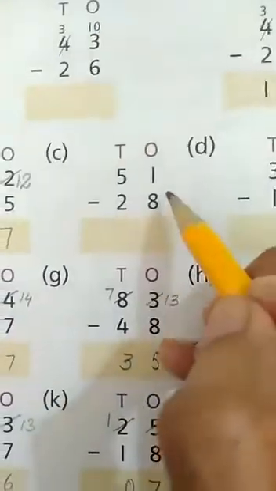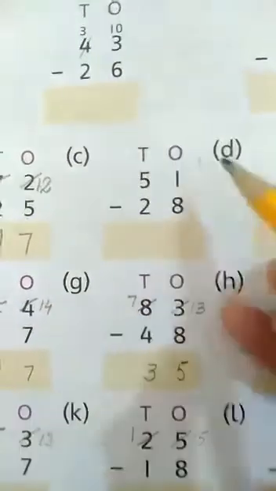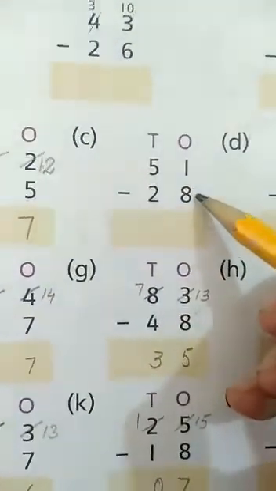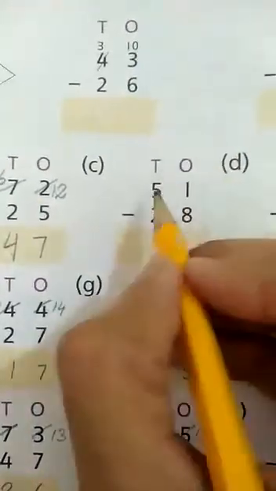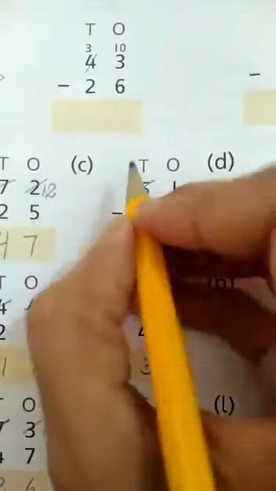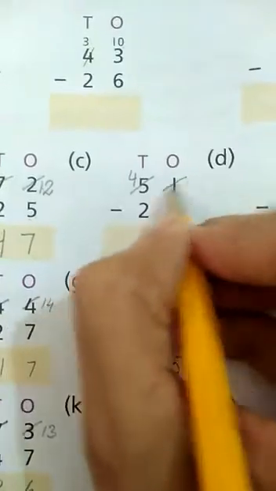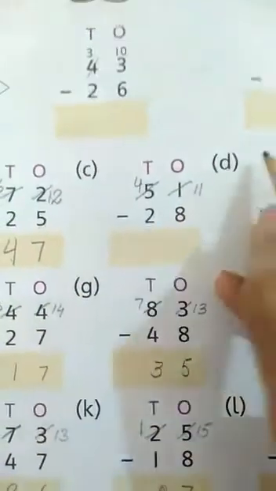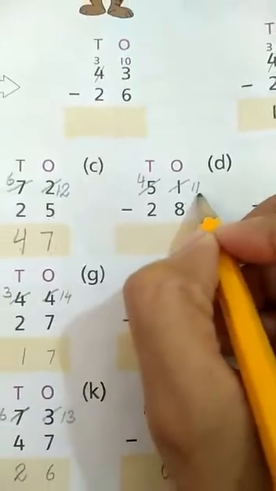Okay, on question number C, 51 minus 28. So students, we cannot subtract 8 ones from 1 ones. So we can take 1 from tens column. So when we take 1, 5 becomes 4 and 1 becomes 11. So 1 tens and 1 ones is equal to 11.